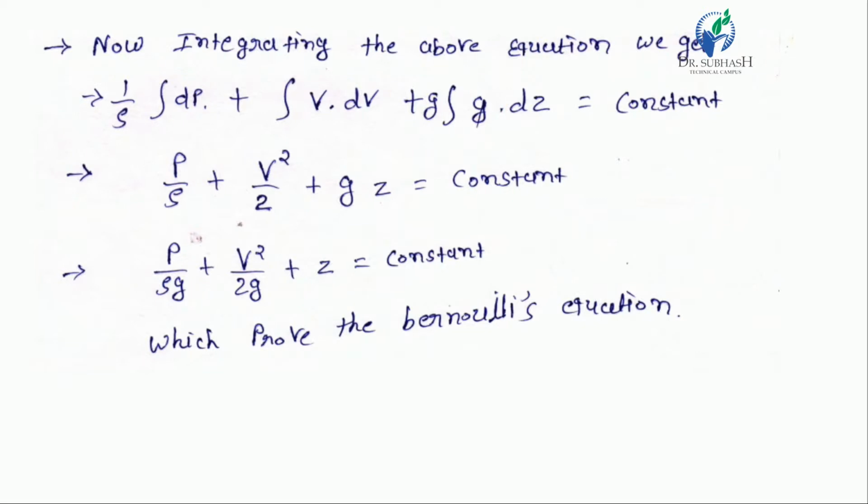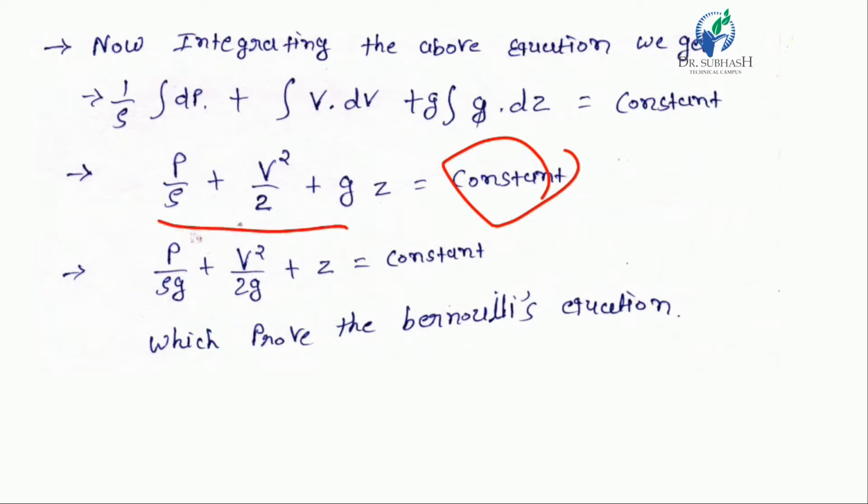Integration of dp is p, so p upon rho, integration of v dv is v square upon 2, and integration of dz is z, so p upon rho plus v square upon 2 plus gz equal to constant.